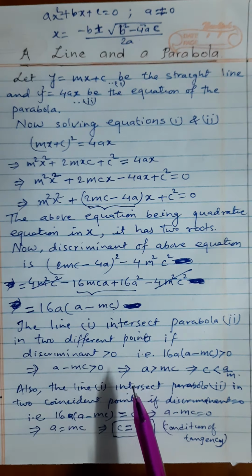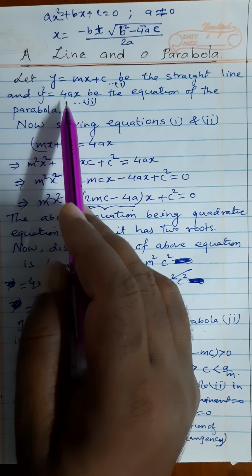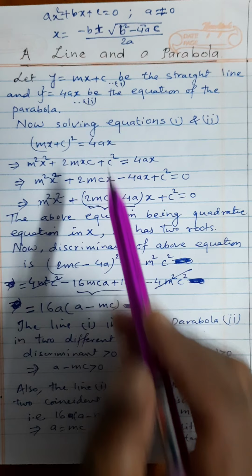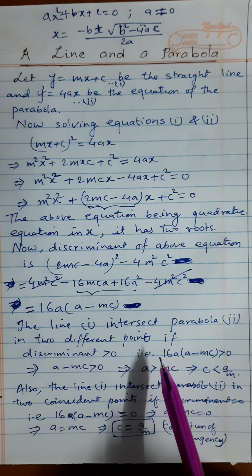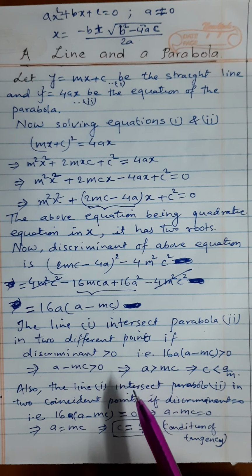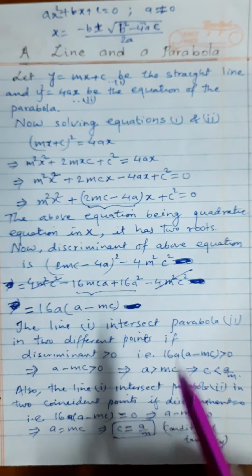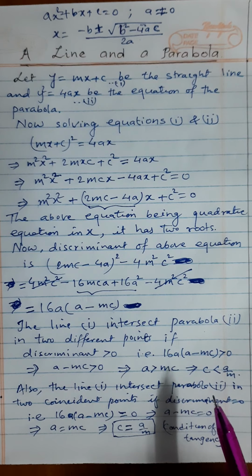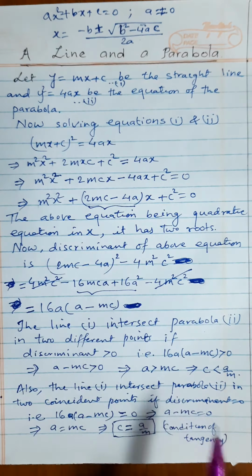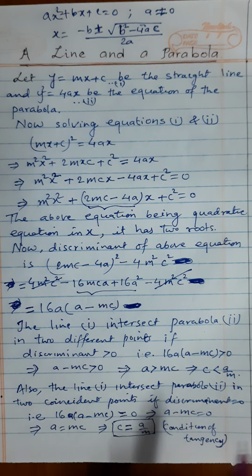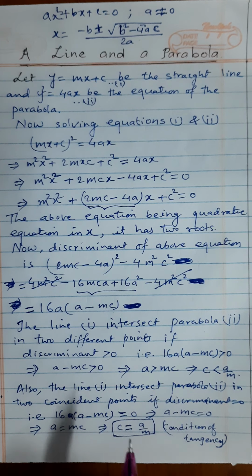So there will be only one point of intersection of line 1 and parabola 2, and this line just touches the parabola. If you need to write, you can pause the video and copy it.